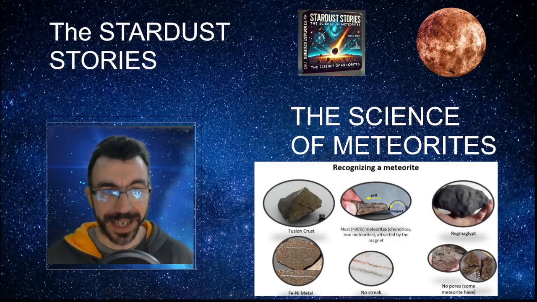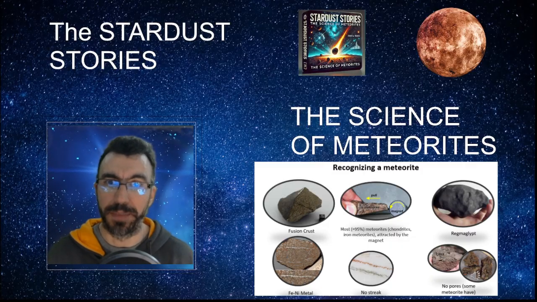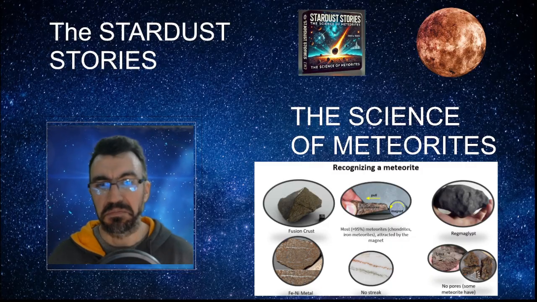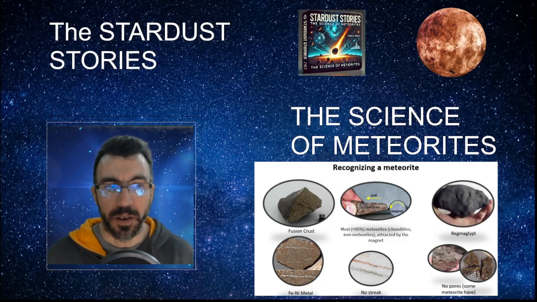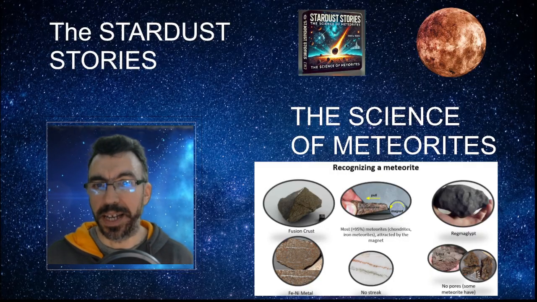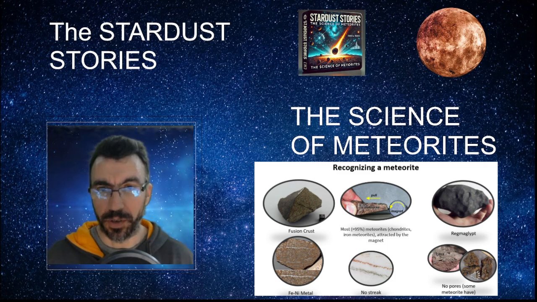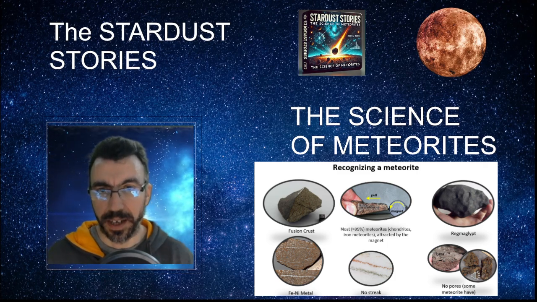A meteorite, since it is mostly composed of silicate minerals, olivine, pyroxene, plagioclase, will never leave any streak, any color by scratching our plate.